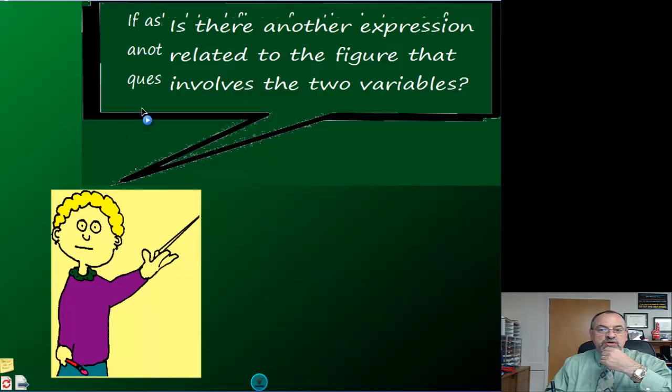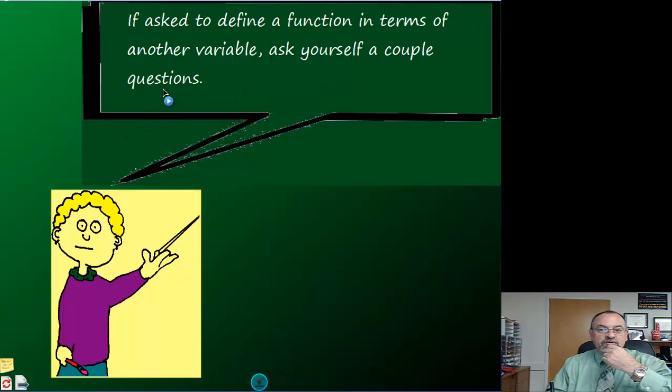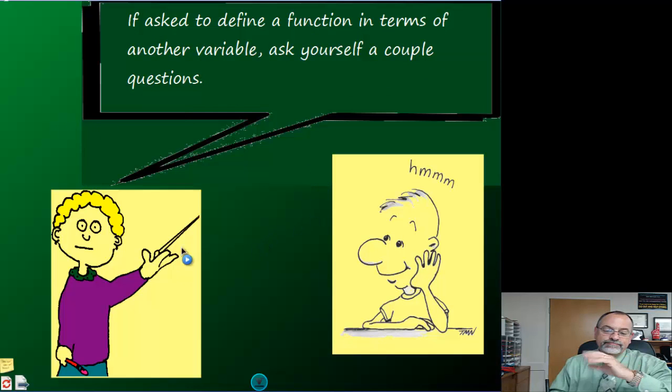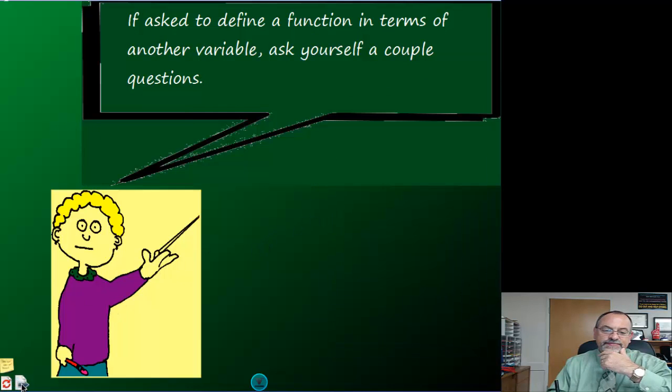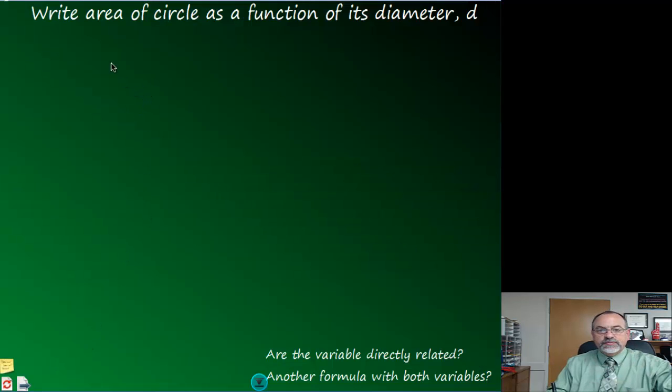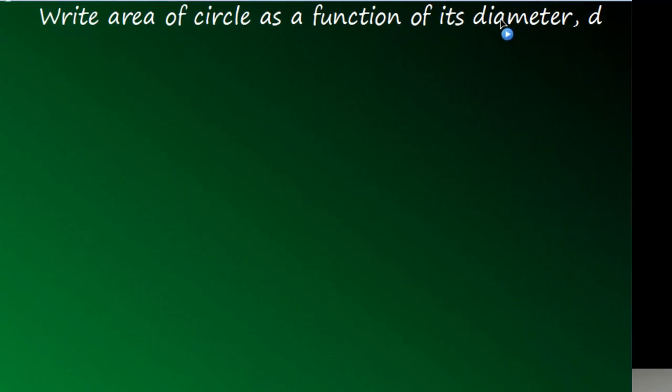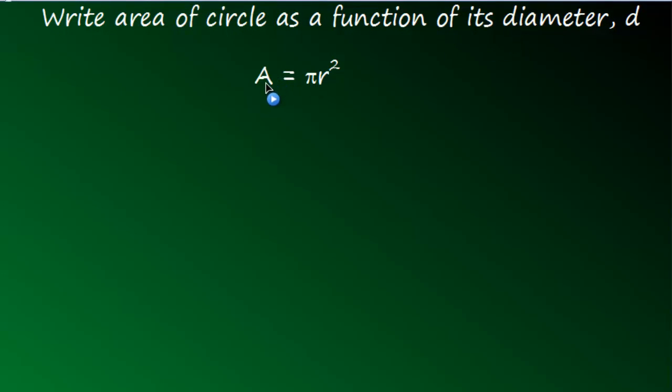So that may make you wonder what I am talking about here. Well, let me show you. Write the area of a circle as a function of its diameter. Well, wait a minute, diameter. Area is related to the radius. Area is not related to the diameter in any way.